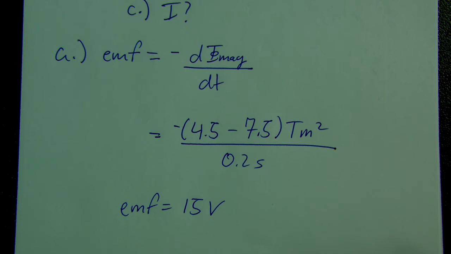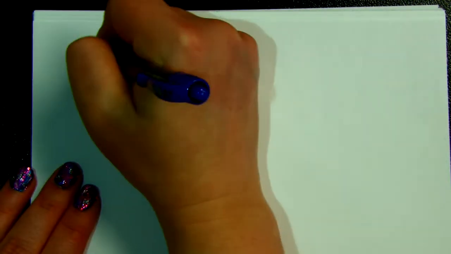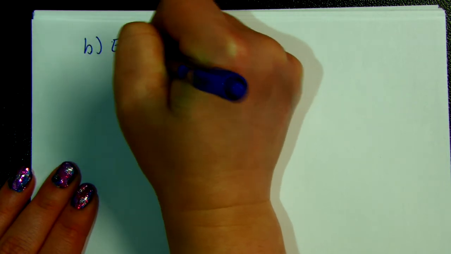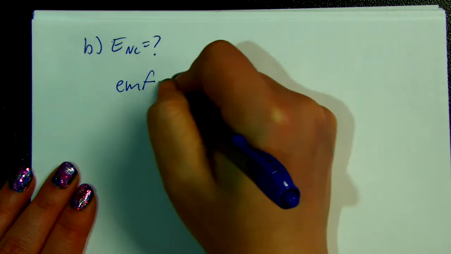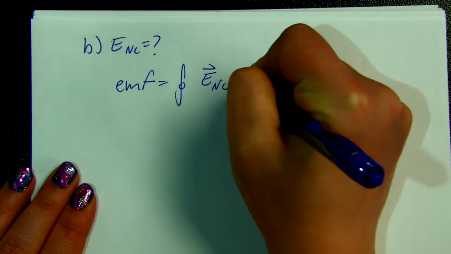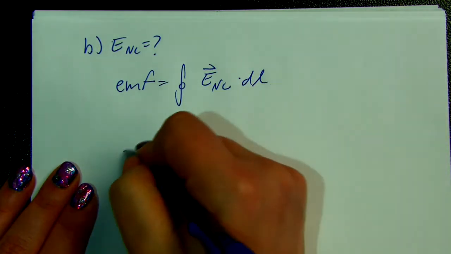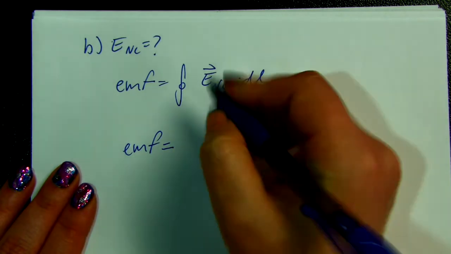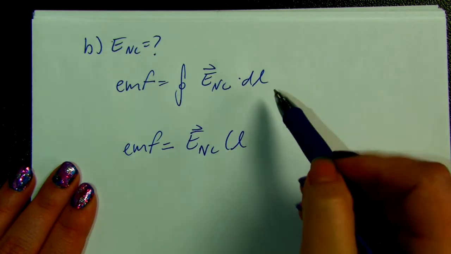All right, so part B, we want to look for that curly electric field. So EMF is equal to the path integral ENC dot DL. And so we have EMF is equal to ENC times L. So we've been given the length.